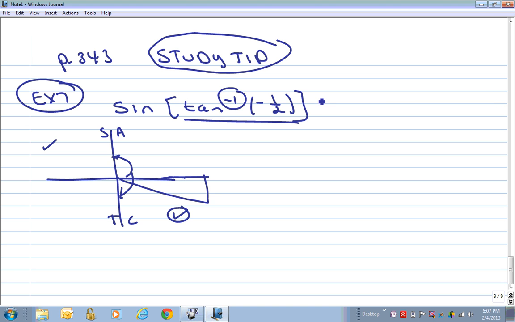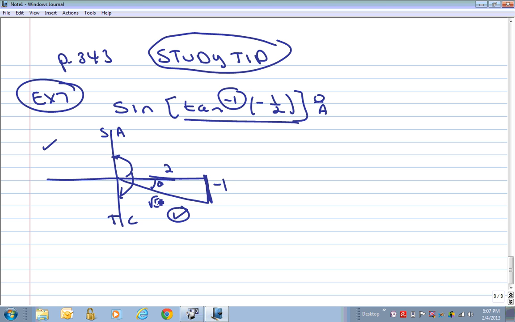Tan is opposite over adjacent. Well, let's think about this. This side is the adjacent side to our theta, and it would have to be positive. The opposite side to our theta would be negative, so that would be -1 and a +2. We would use the Pythagorean theorem. That would be 4 and a 1, so the hypotenuse would be the square root of 5.